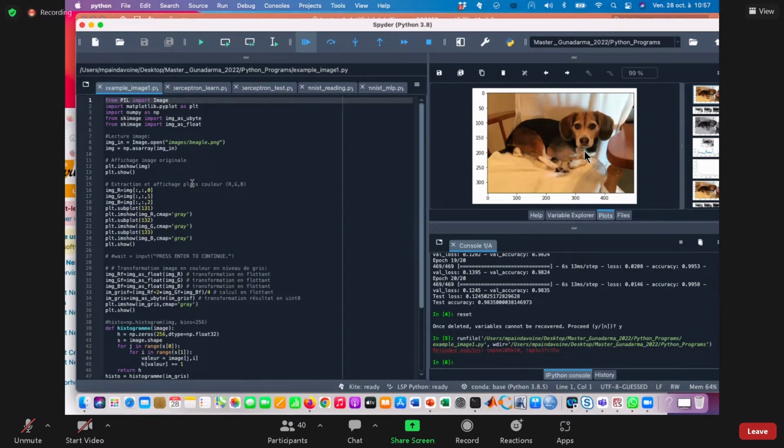This first library. The second one, which is very useful, is the matplotlib library. Matplotlib helps the user to draw images, but also lines, figures, and so on. Okay, so it's very useful.